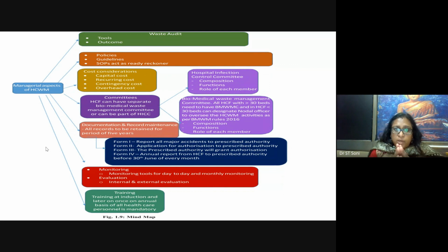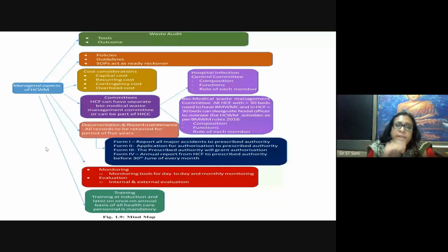Basically, the first one who is dealing with it is the generator of the waste. So it's the duty of the generator, which I have told you in my previous session also. The generator has to segregate it at the site of generation, and then it has to be managed as per the legal guidelines, that is the Biomedical Waste Management Rules 2016 and as amended.